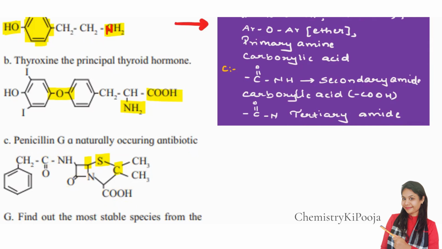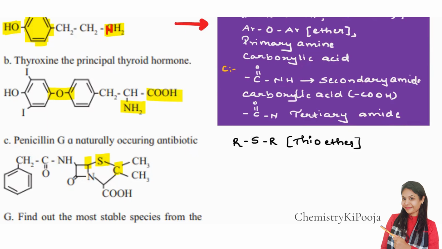Since this S is bonded to carbon and carbon on both sides, we call it a thioether. It is similar to ether. If oxygen is bonded to carbon, we call it ether. In the same way, if sulfur is bonded to two alkyl groups or two carbons, we call it a thioether. Instead of this carbon, I can simply put R and R, so these are the alkyl groups.